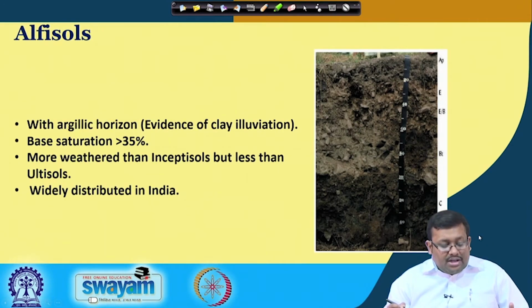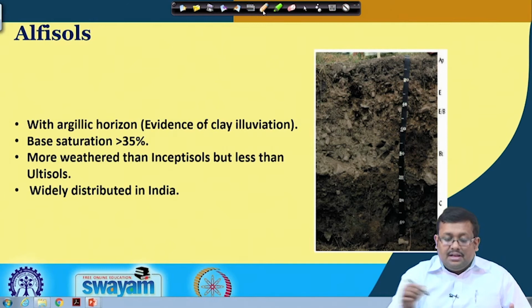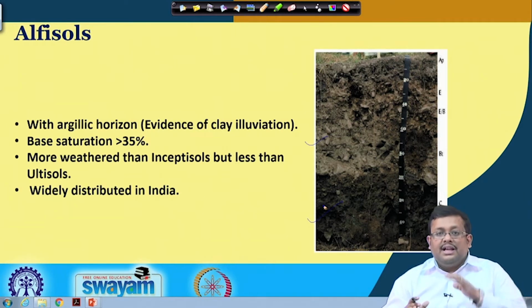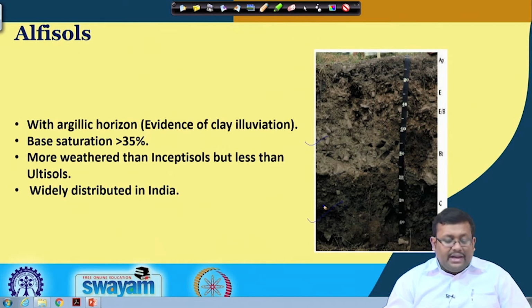Alfisol is another important soil order which is widely distributed in India, and alfisol contains the argillic horizon, where you can see a clear evidence of illuviation, that is, movement and deposition of clay at the bottom portion of the profile is quite evident.